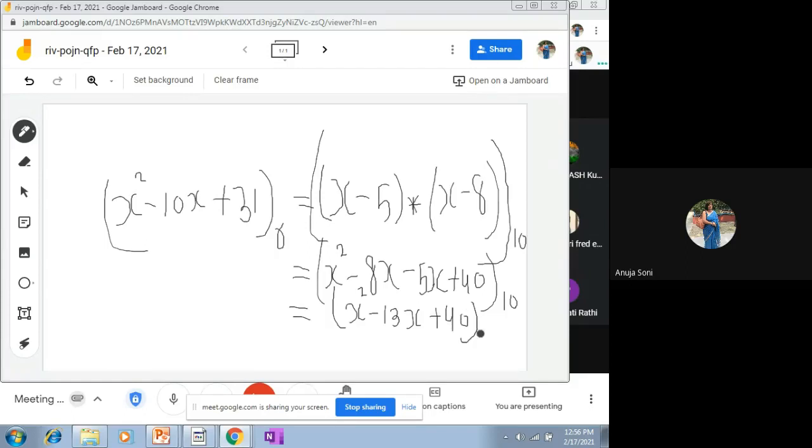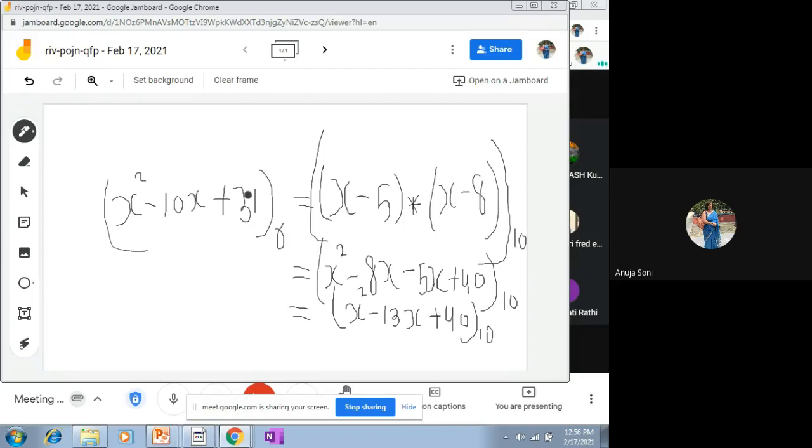Now we have two equations, one on the left hand side and one on the right hand side. Both are the same, but the way of representation is different. One has a base of r, the other has a base of 10. So we need to equate the coefficients, meaning the coefficient of x as well as the constant value.